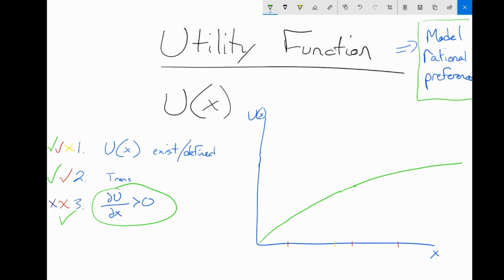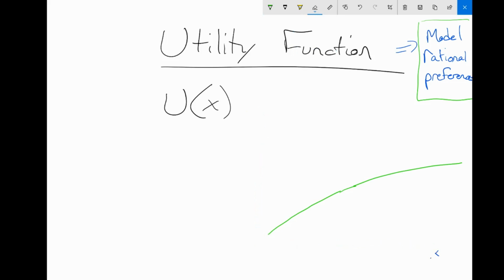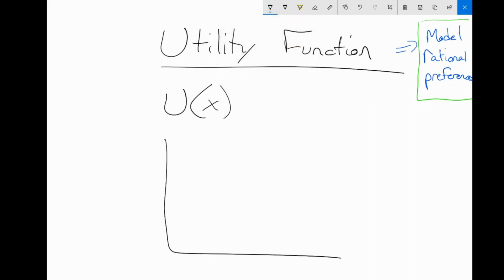So we're looking for functions that behave this way, that will exhibit these characteristics. Let's discuss some examples of utility functions that might satisfy these conditions. A function that looks something like this is going to work.